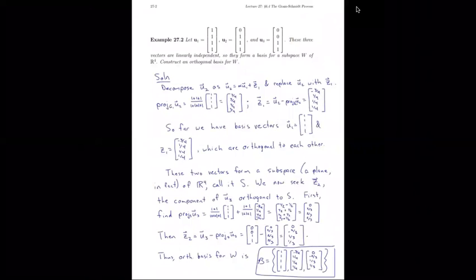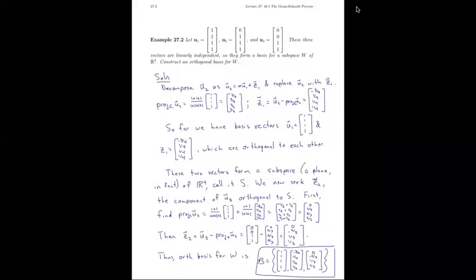Okay, so that just entails a slightly bigger formula, right? So Z2 is the component of U3 orthogonal to S. Well, we've done that. We've decomposed a vector U3 as a component that is in the space S and orthogonal to the space S. We did that in the previous section.